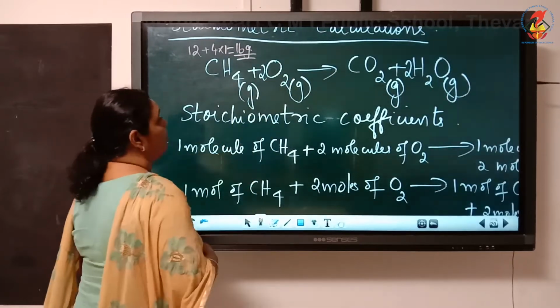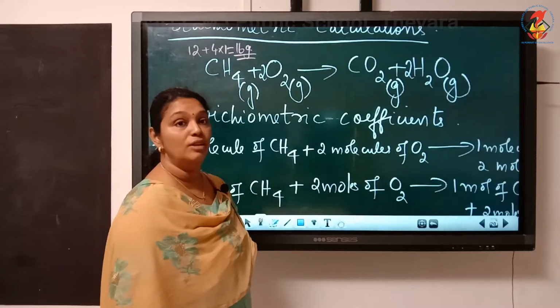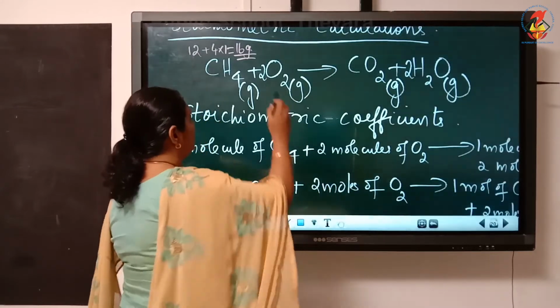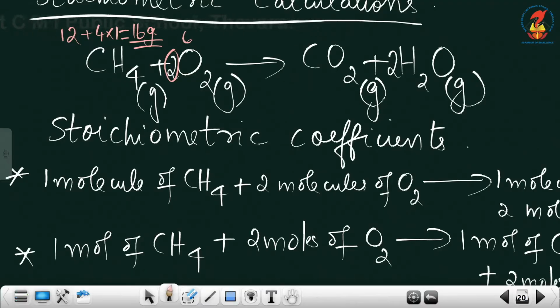O2: oxygen atomic mass is 16, so O2 is 32, and 32 into 2 will be 64 gram. Carbon dioxide: 12 plus 2 into 16, which is 32, 32 plus 12 will be 44 gram. And H2O, the molecular mass of H2O is 18, so 2 into 18 is equal to 36 gram.